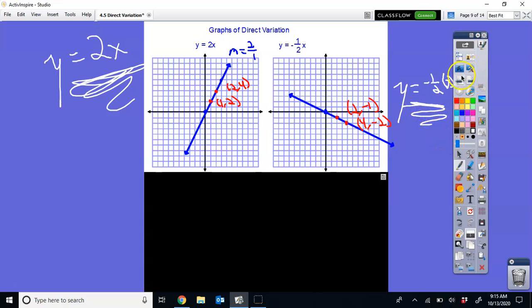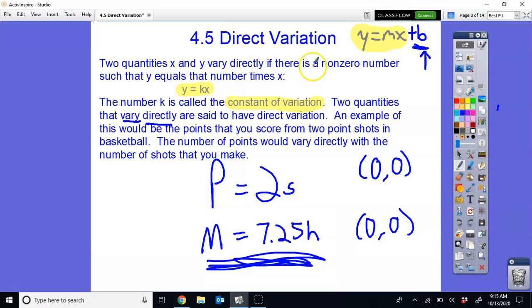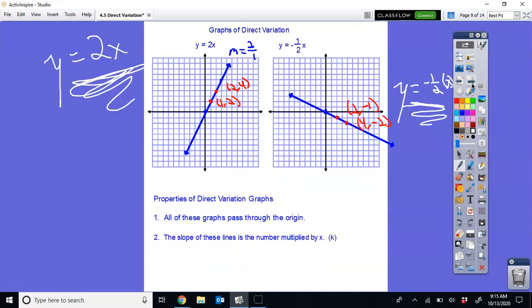So direct variation is when you have a constant number multiplied by the x to get the y. Again, that number though is just the slope. And again, because it has no beginning amount, that means these graphs all pass through the origin. So these two little things at the bottom here are pretty key points about the graphs.